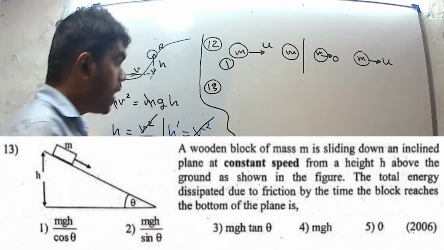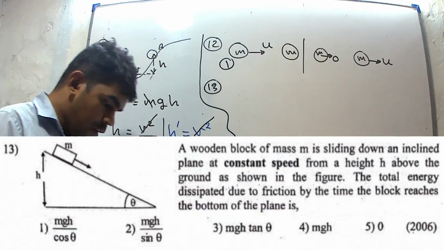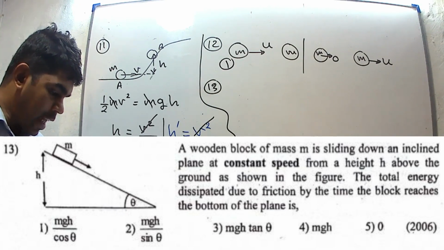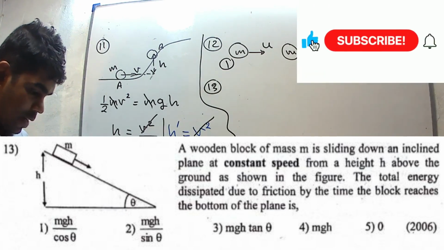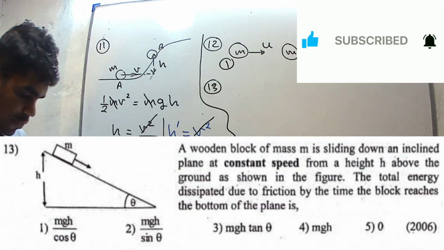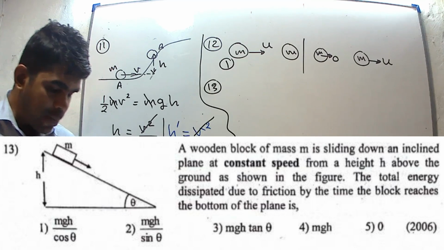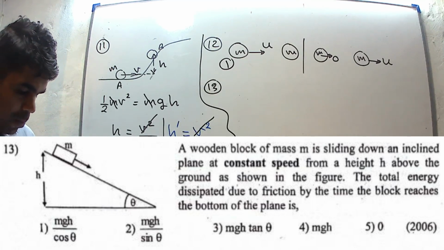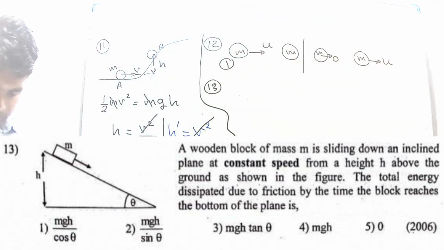Then question number 13. A wooden block of mass m is sliding down an inclined plane at constant speed from height h above the ground as shown in the figure. The total energy dissipated due to friction by the time the block reaches the bottom of the plane is.